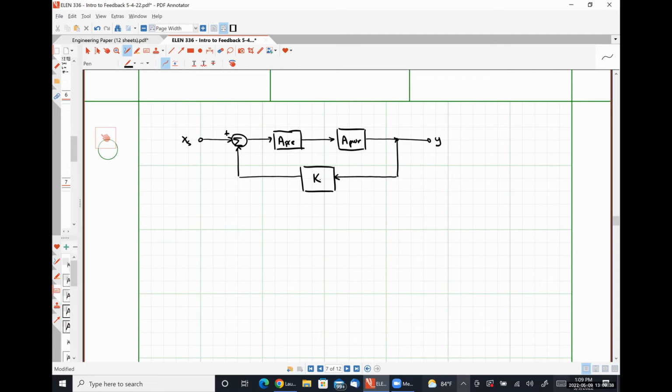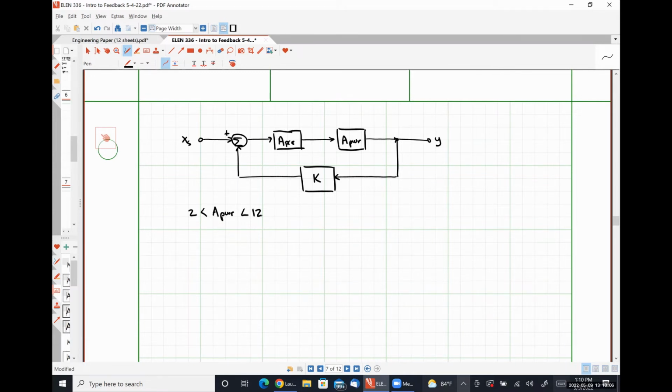So let's say that A power, the gain of the power amp portion of this system, ranges from 2 to 12, depending on how it's biased.